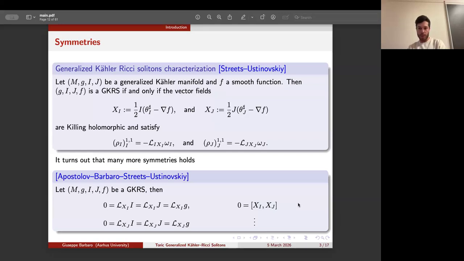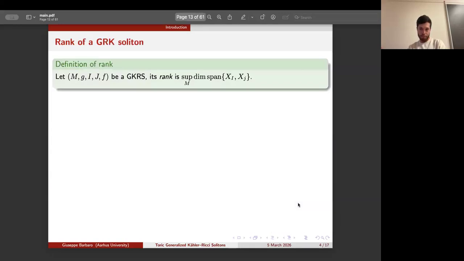But now, of course, you might be interested in understanding if these are real symmetries and how many they are in some sense. So this motivates the definition of rank, which is the sum of the dimension of the span of these two vector fields. I mean, if these two vector fields are vanishing, then we don't have this symmetry.